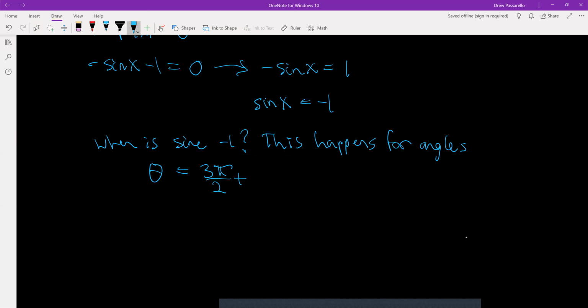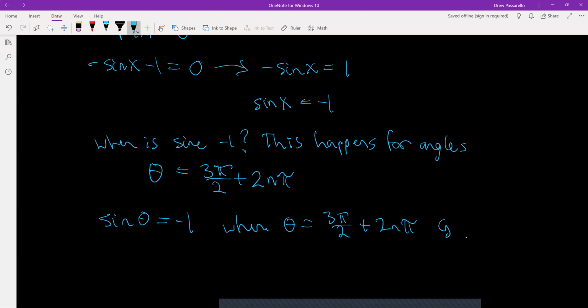So it'll be 3 pi over 2 within 0 and 2 pi, and then for any more revolutions, you add multiples of 2 pi. So this is the general solution. Sine of theta equals negative 1 when theta is 3 pi over 2 plus 2 n pi.